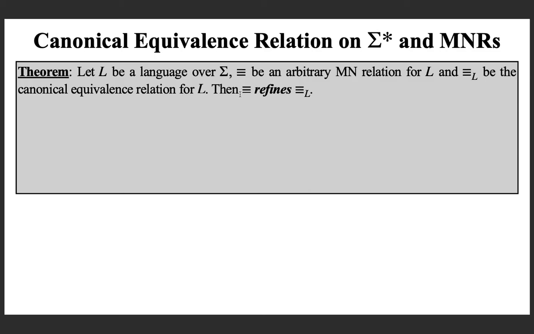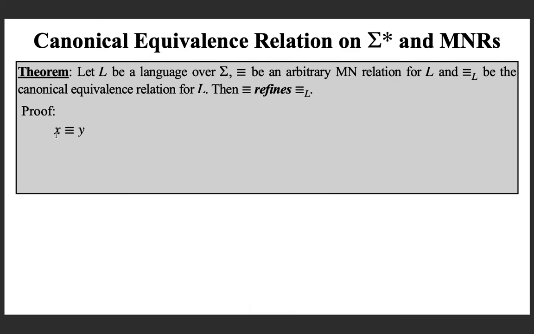So we are claiming that an arbitrary MN relation for the language refines the canonical relation. If this is the case, that is why it is said to be a canonical equivalence relation, because any Myhill-Nerode relation for a language must refine the canonical relation. Maybe we can prove it, and here is how you can prove it.